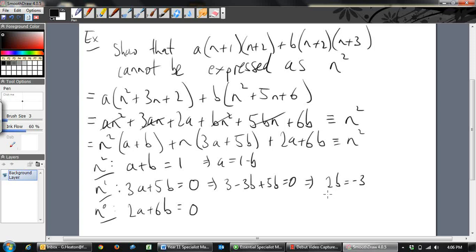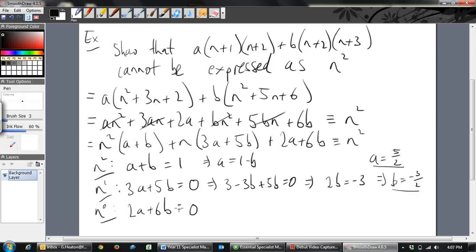So b is equal to negative 3 over 2. Up here we've got a equals 1 minus b, so what's 1 minus negative 3 over 2? That's 5 over 2. Yep, 5 over 2.